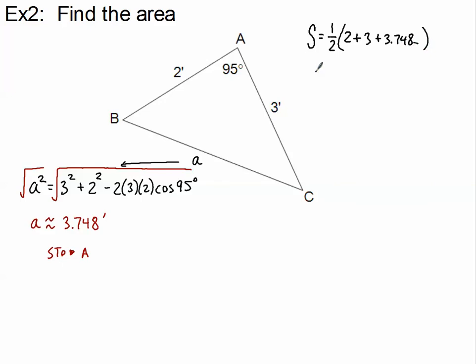I'm using the exact. When I plug that into the calculator, I'm going to use an approximate for s. s is 4.374. Perhaps we store this in the calculator, and we can store this in for letter s.